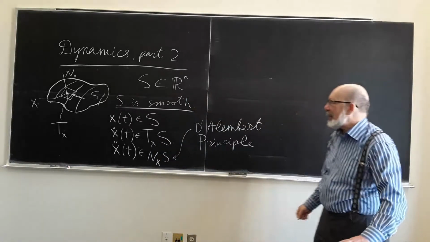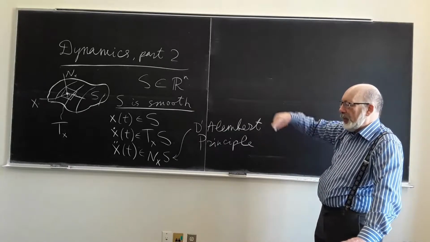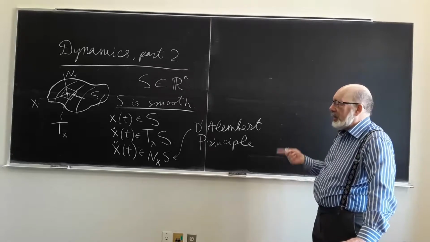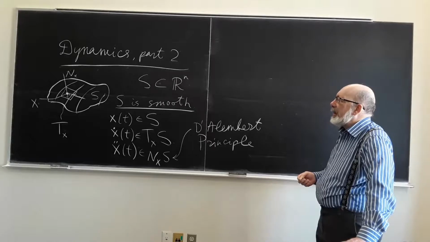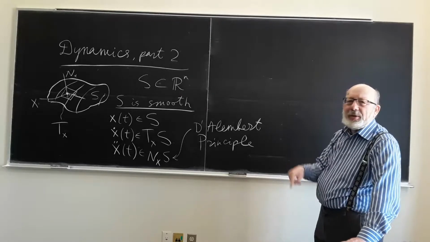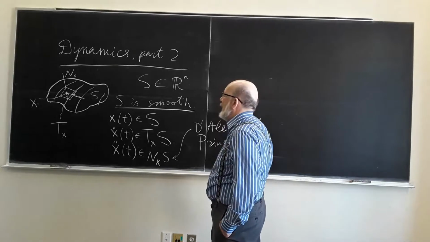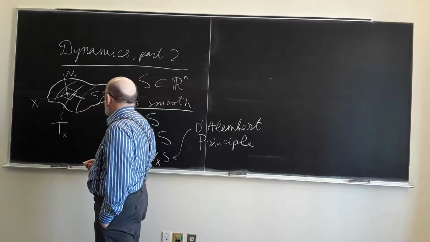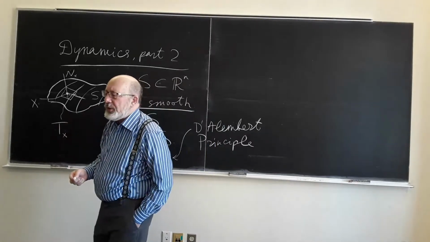So the D'Alembert principle is that the acceleration of the point moving freely without friction along some surface is orthogonal to the surface. Surface, I mean, better to say a manifold, because the dimension of S can be arbitrary, from 1 to the dimension of the space.